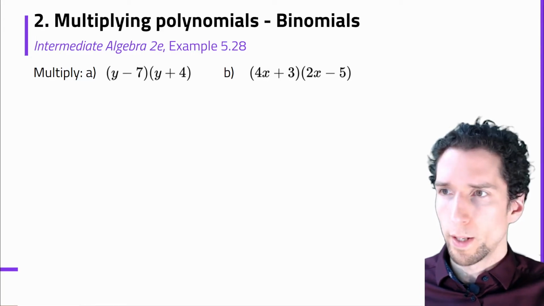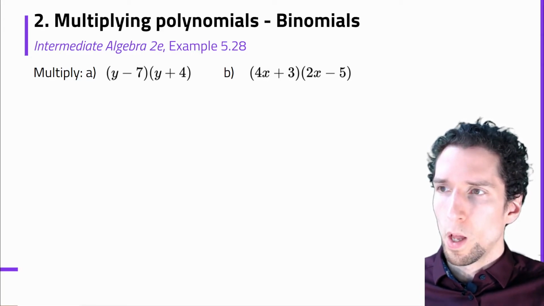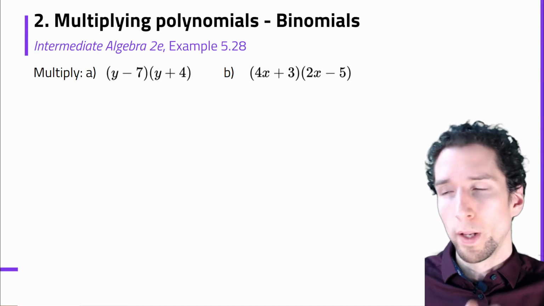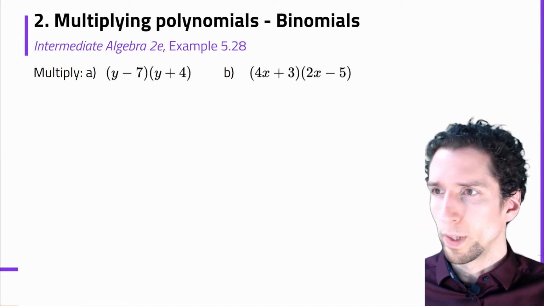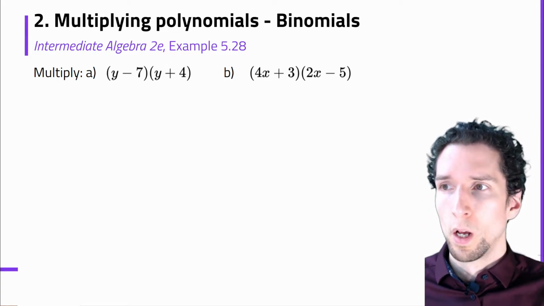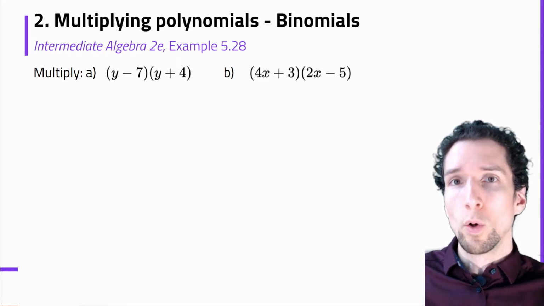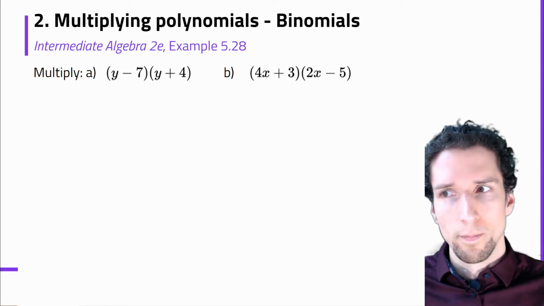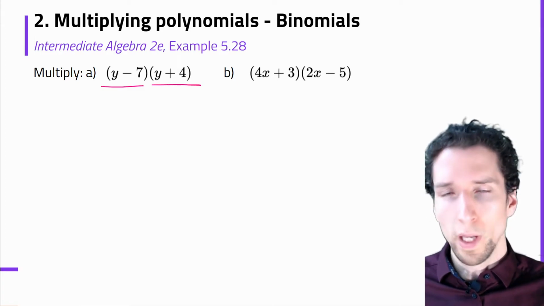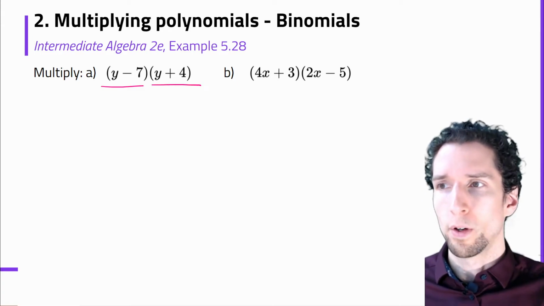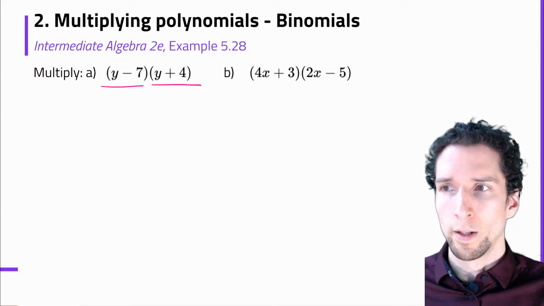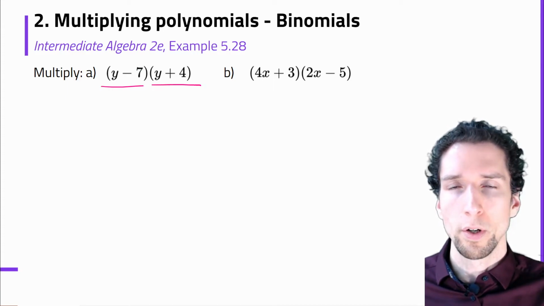The next set, 2 more sets here. The next set is if we have 2 binomials. Hopefully we remember this pattern. Even if it's not a binomial, if it's something larger, it's just 2 things in brackets being multiplied together. Inside the brackets, we have addition or subtraction between all the terms.